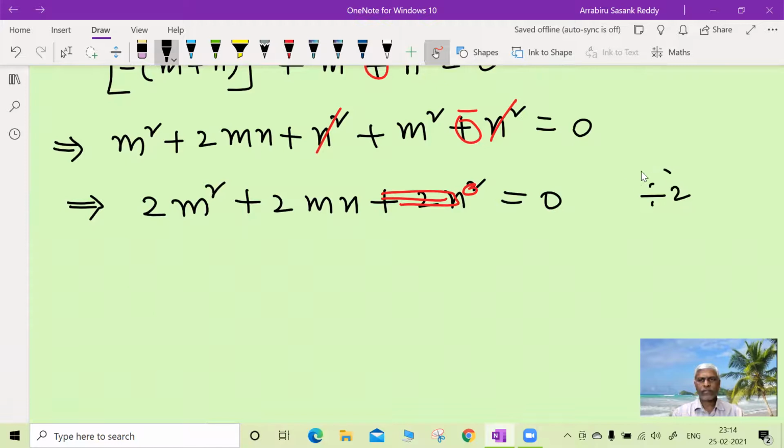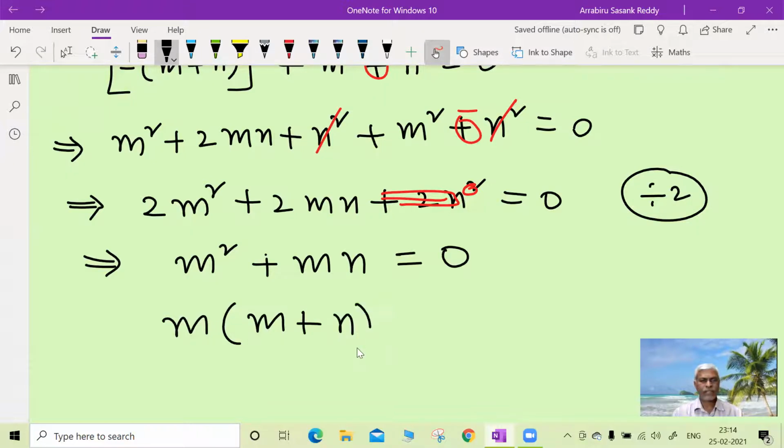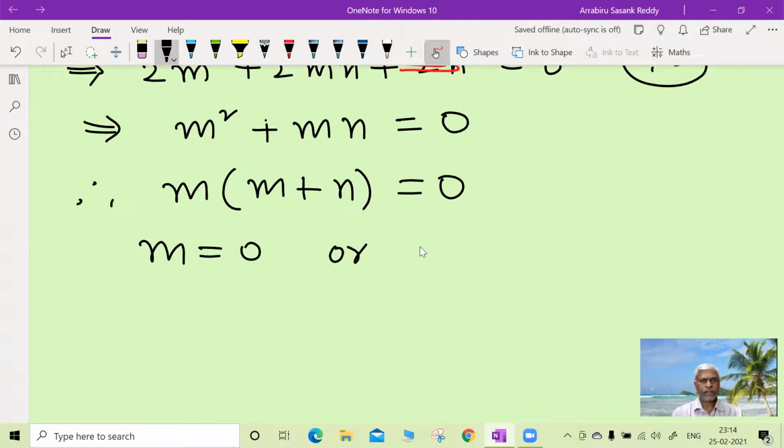Dividing with 2, this becomes m square plus mn is equal to 0. Taking m common, m into m plus n is equal to 0. So from this, m is equal to 0 or m plus n is equal to 0.